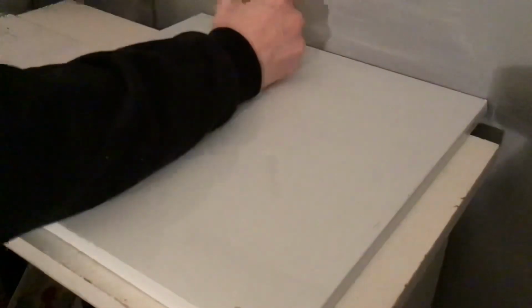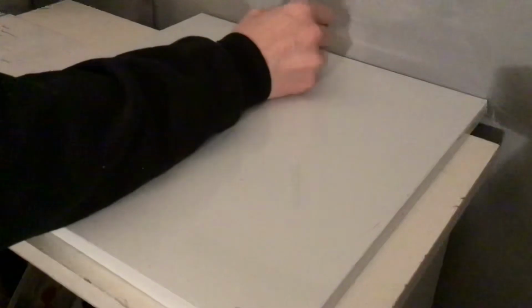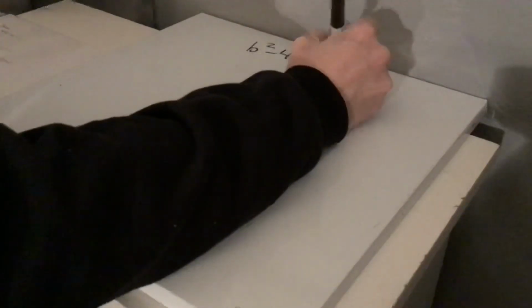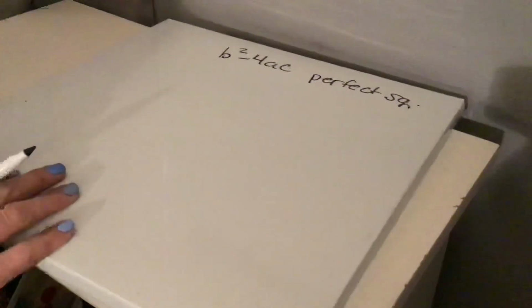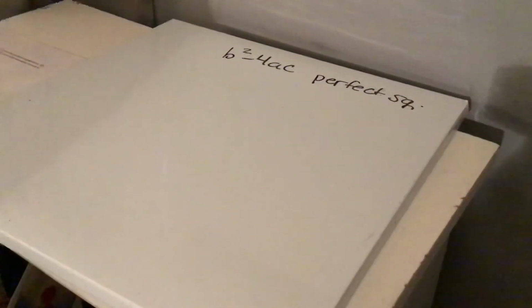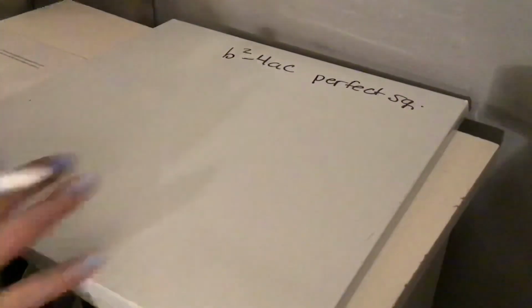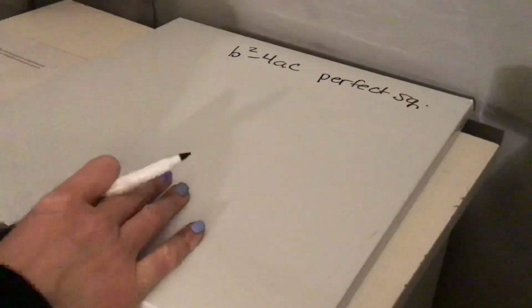So you look at b squared minus 4ac. If that's a perfect square, then you can factor. And then the last thing is putting it together and solving an equation.